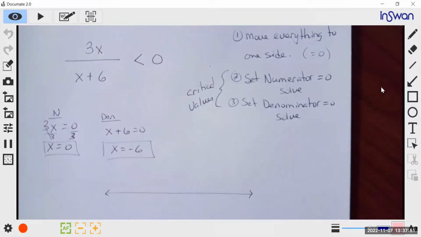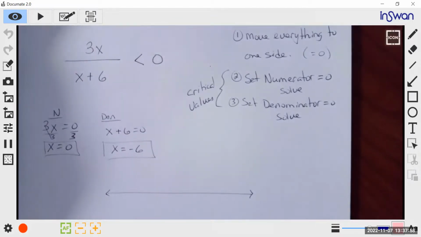Now, why do I set both of those equal to 0? What are they going to find for me? We have to do that. Those are my critical values. But why are they important? What am I using them for?